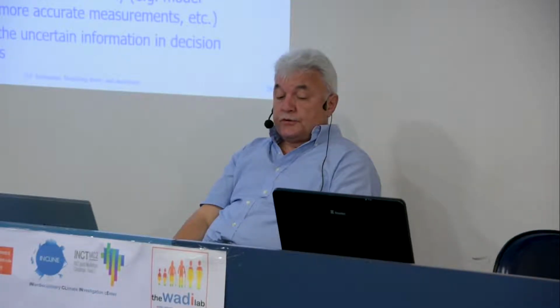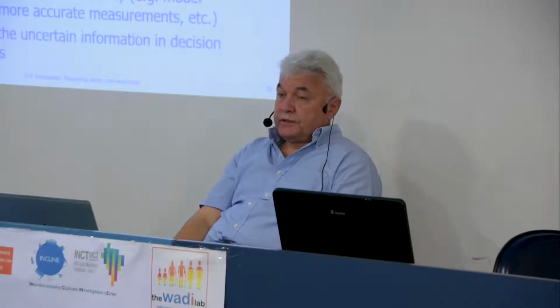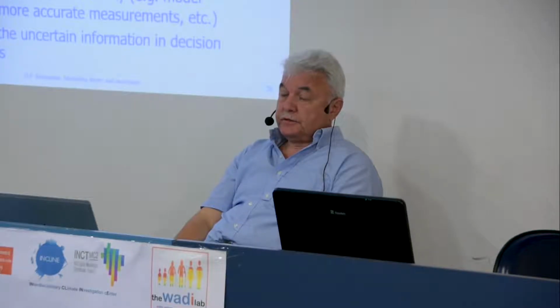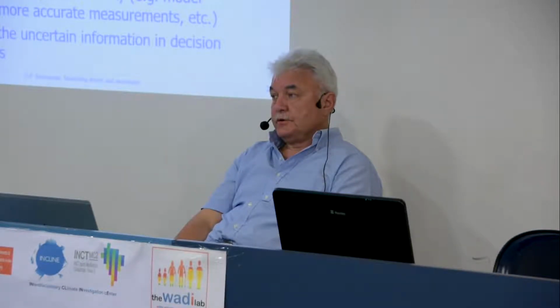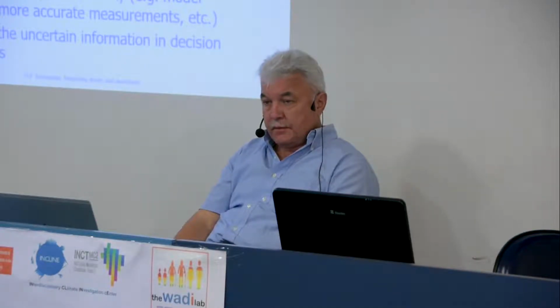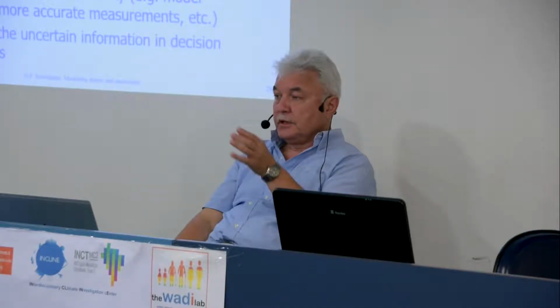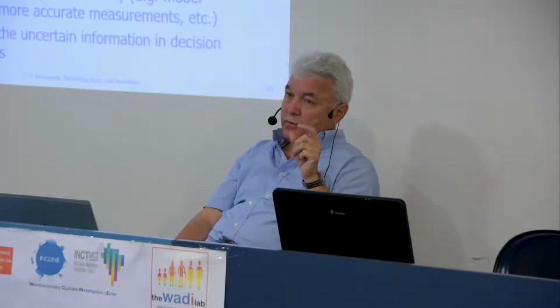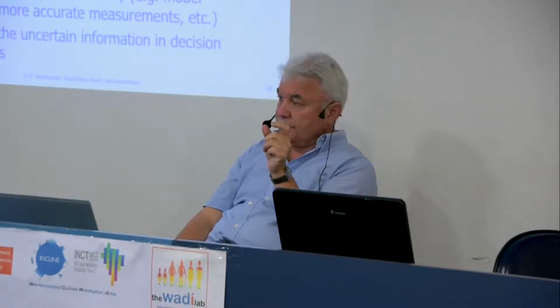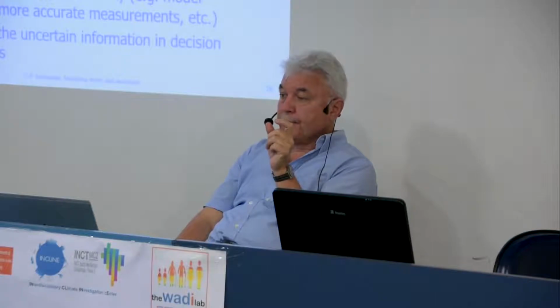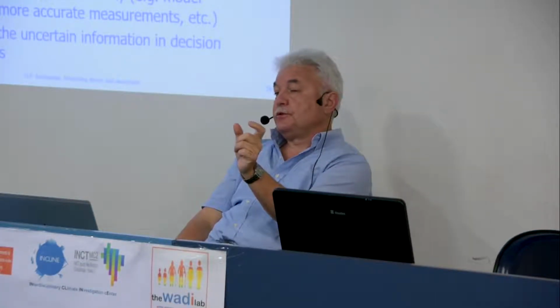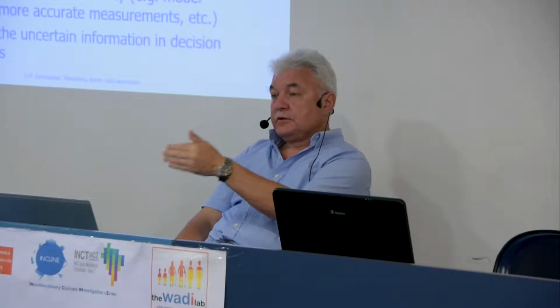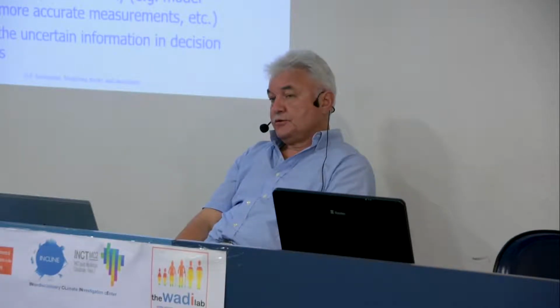Now, can we reduce uncertainty? Maybe to some extent. For example, if we see that assuming very high uncertainty in parameters leads to very high uncertainty in output, then maybe we should do a study that would allow us to come up with better estimates of certain parameters like roughness in pipes. So instead of wide uncertainty, you would have narrow uncertainty, and it will then reduce the uncertainty of the output.